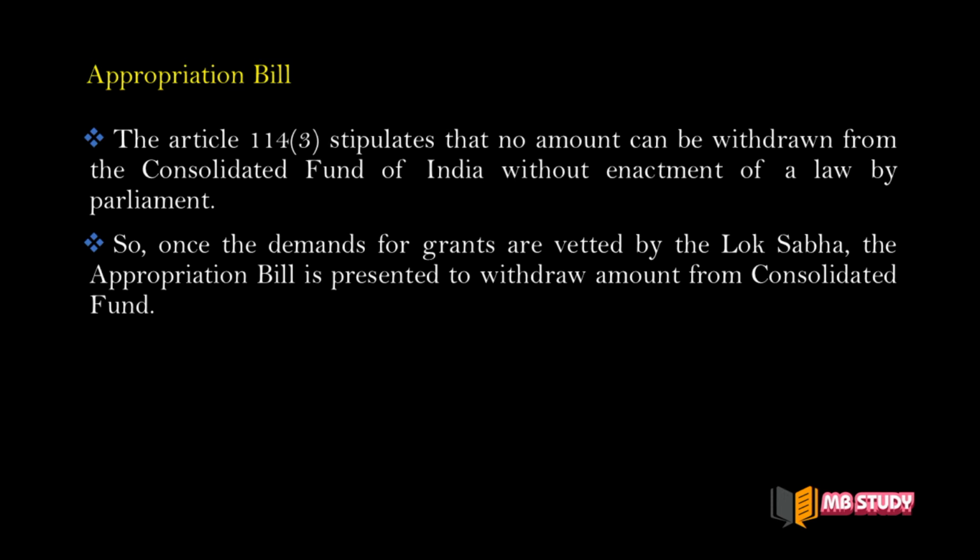Appropriation Bill. Article 114(3) stipulates that no amount can be withdrawn from the Consolidated Fund of India without enactment of a law by Parliament. So, once the demands for grants are vetted by the Lok Sabha, the Appropriation Bill is presented to withdraw amount from Consolidated Fund.